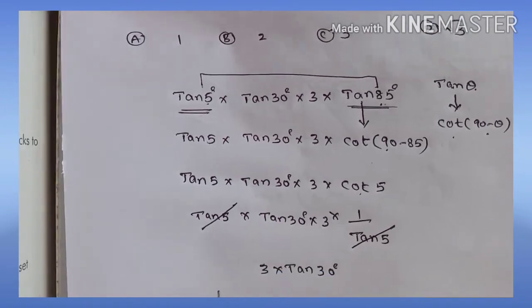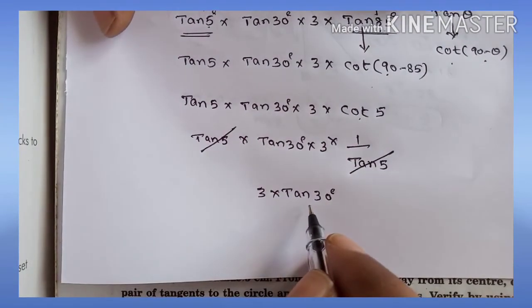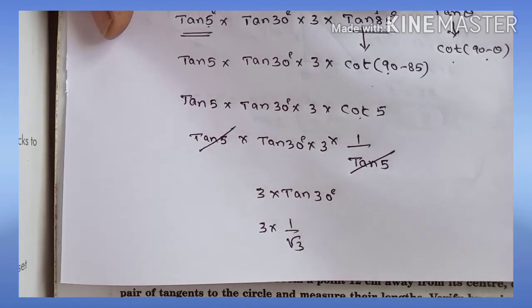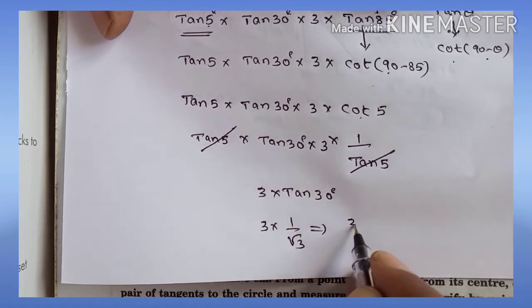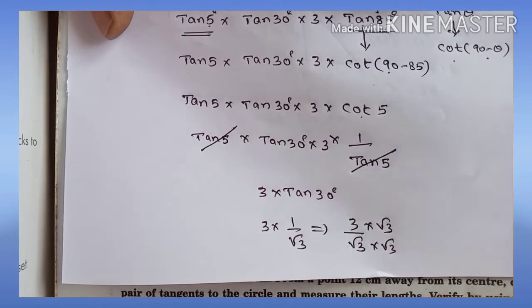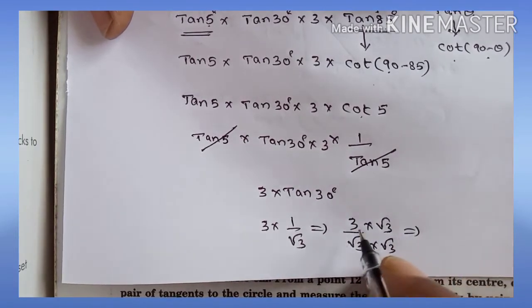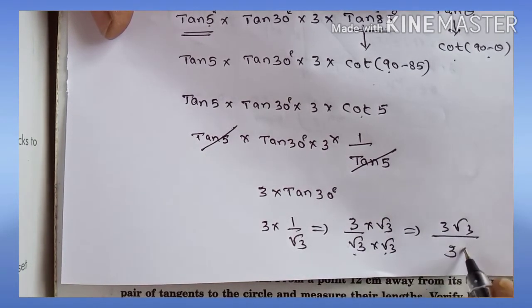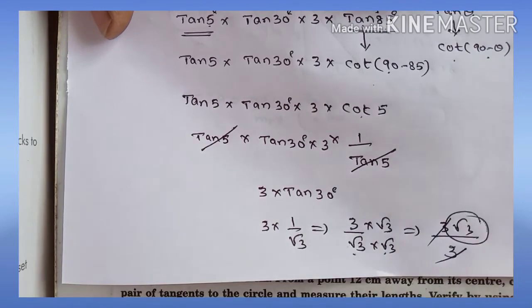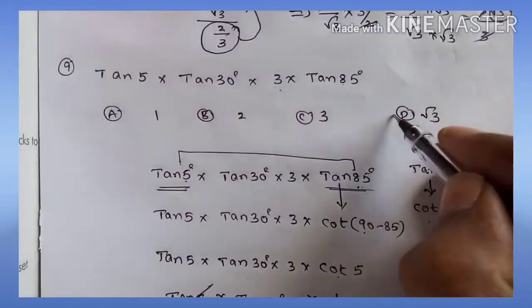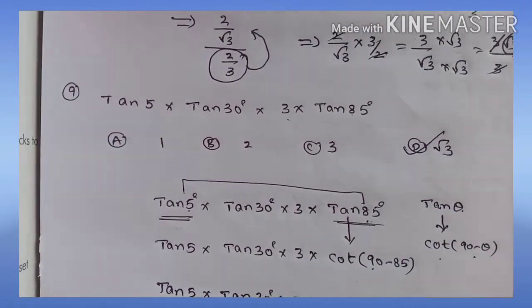We know tan 30 value how much? 1 by root 3, right? Rationalize here, 3 by root 3 will be, and rationalize both sides with root 3. 3 into root 3, 3 root 3 by root 3 into root 3 equal to 3. Now 3 gets cancelled, so remaining value is root 3. So option D will be correct.